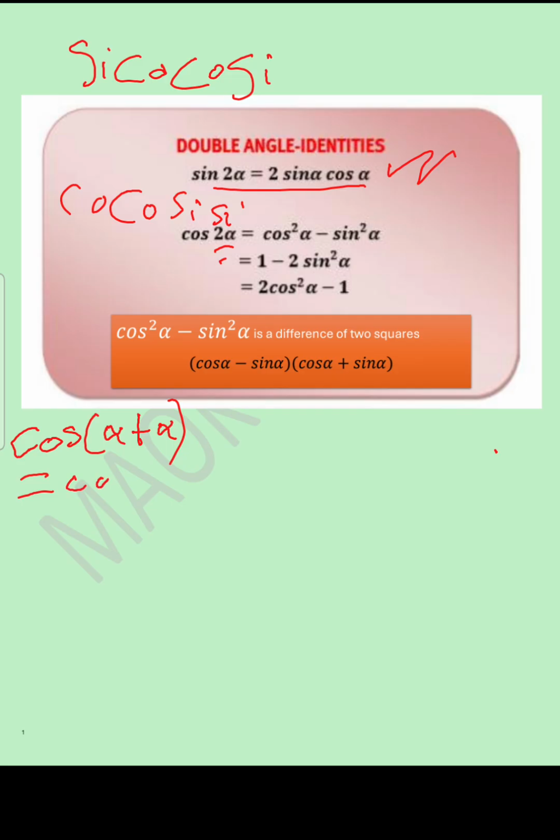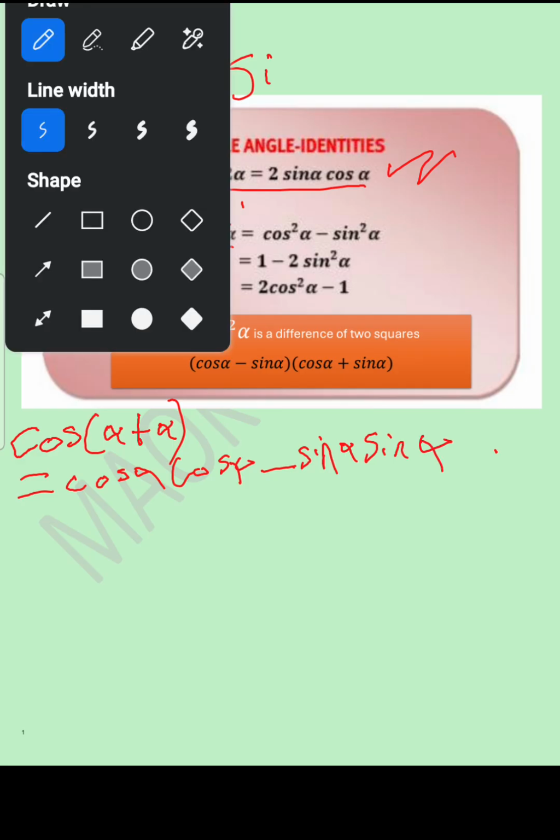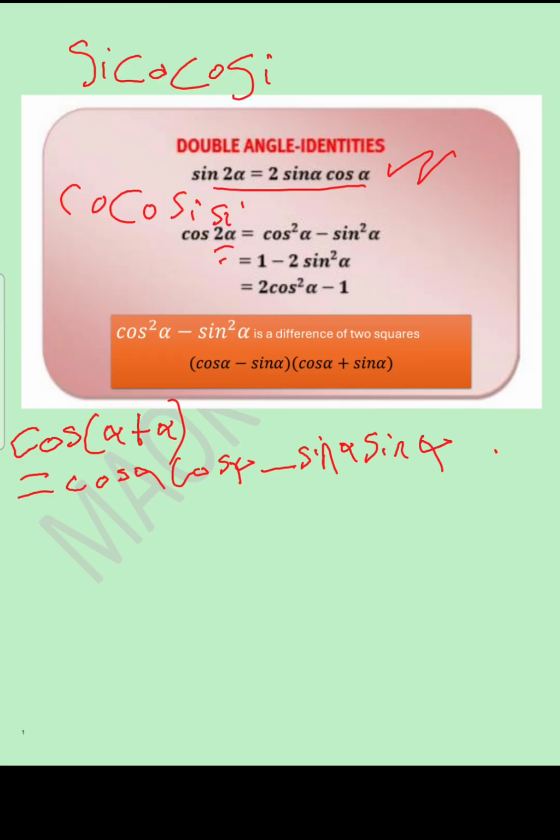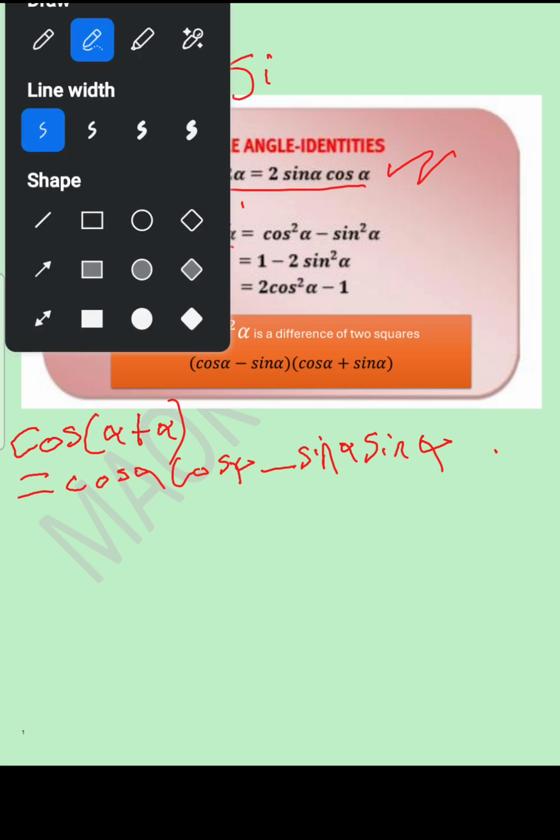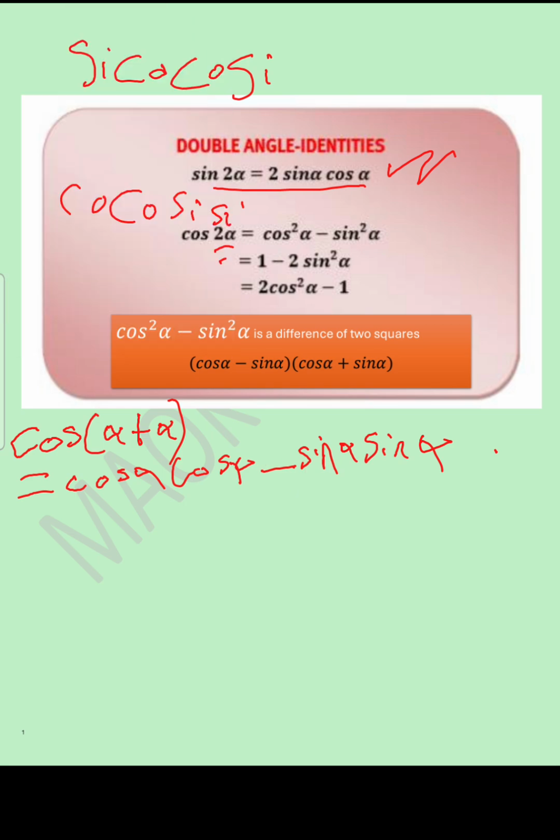So it's going to be cos alpha cos alpha, then subtract sine alpha sine alpha. The reason here I subtract, remember for cos, if you are adding angles, then you must subtract the trigonometric ratios. That is for alpha.